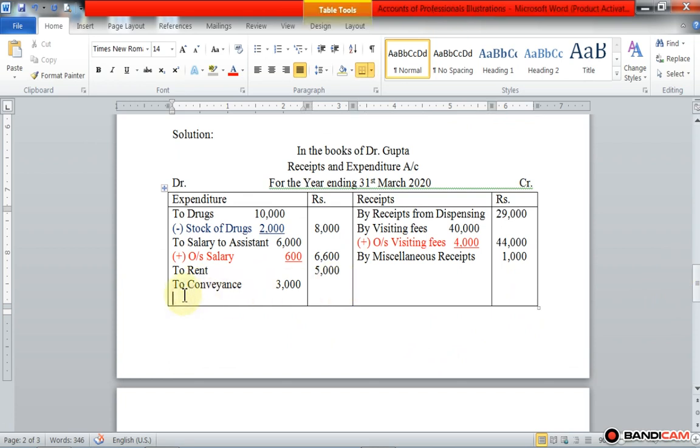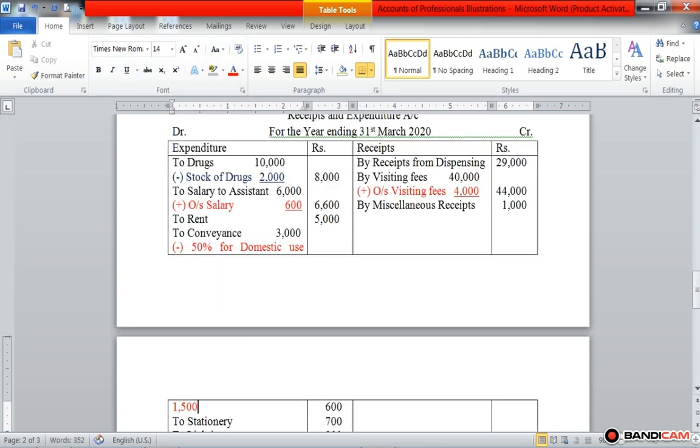So here personal expenditure is deducted from professional expenditure, so less 50% for domestic use. So 50% on 3000, that is 1500.